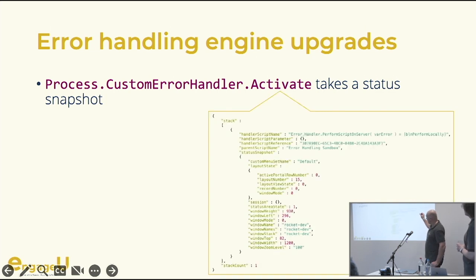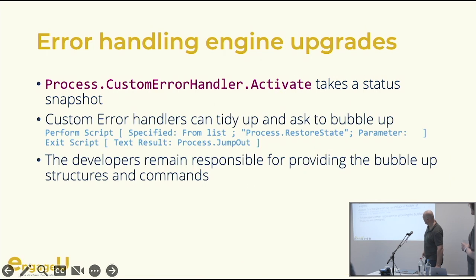So right now you have seen the array where every item was just a reference to the error handler. This will be in the future, if we agree to go on with that, one item in that array. It will still be the name of the script to execute, but we will attach the whole snapshot to that, right?